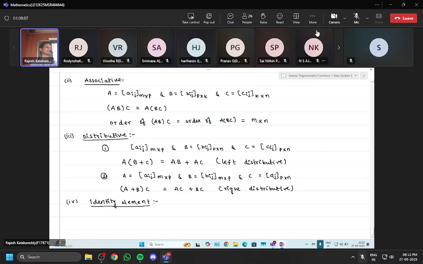The reason is the identity matrix. Right. AI = IA = A.